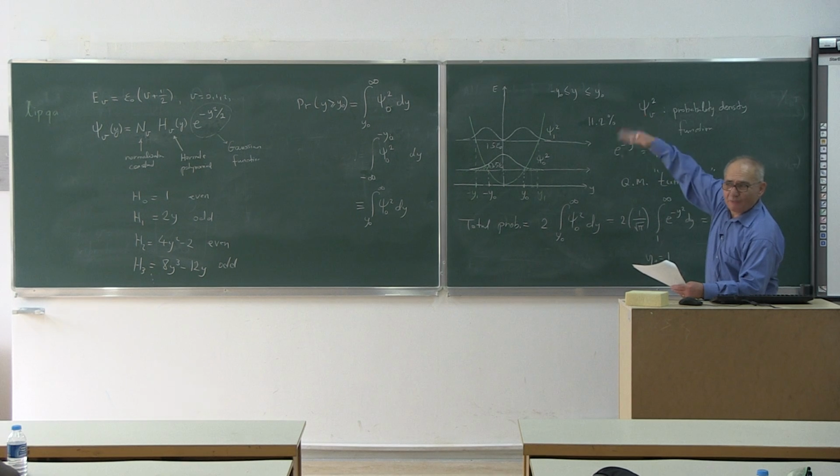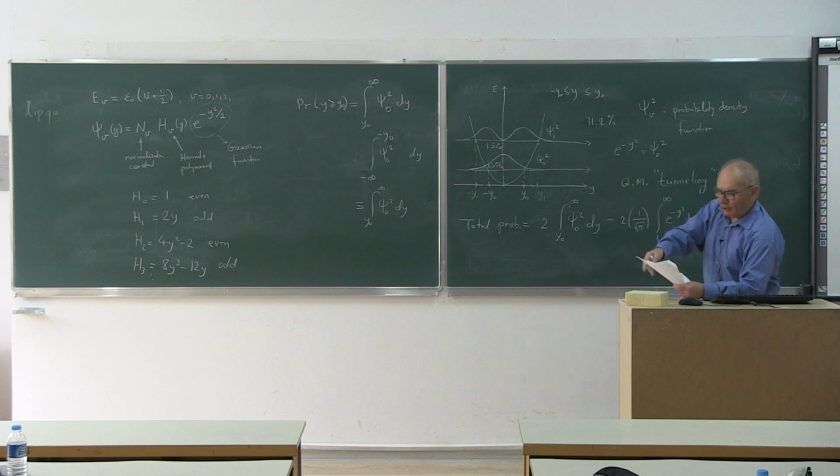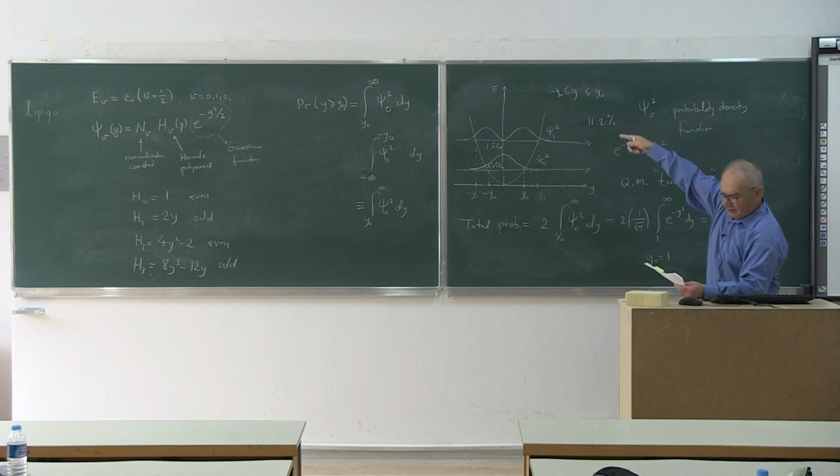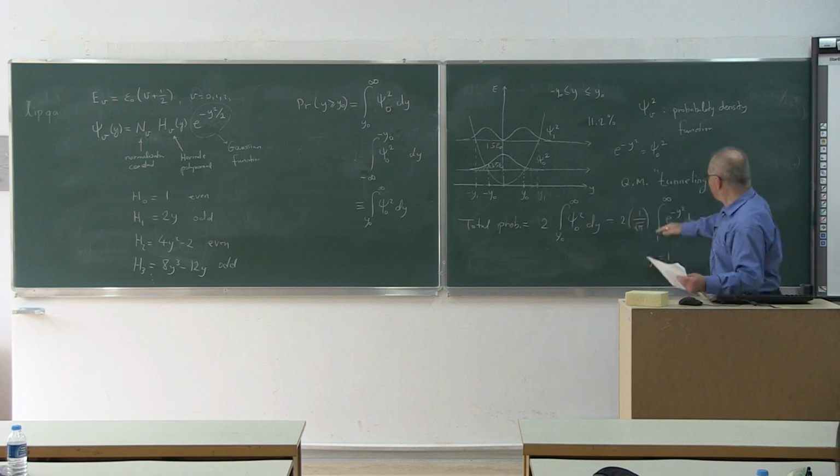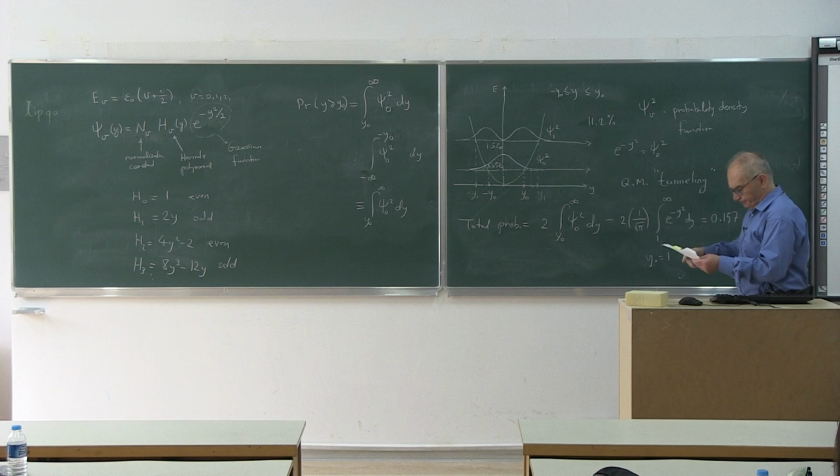As energy goes up, tunneling probability decreases according to our calculation. For example, with the next state function, the tunneling probability is 9.5%. The largest is for the ground level.